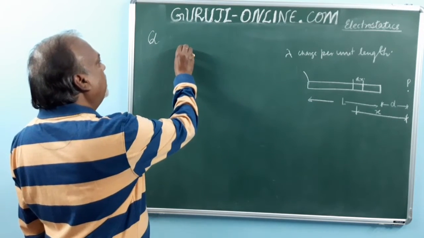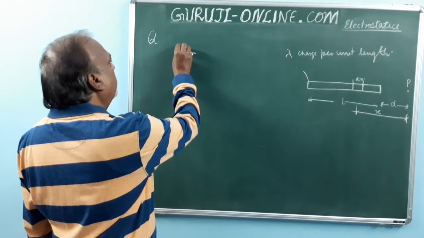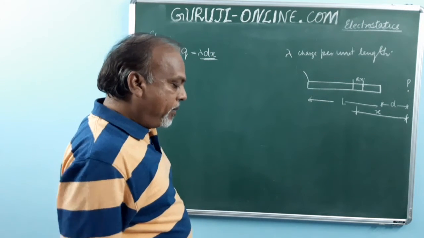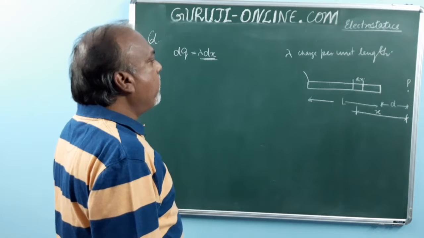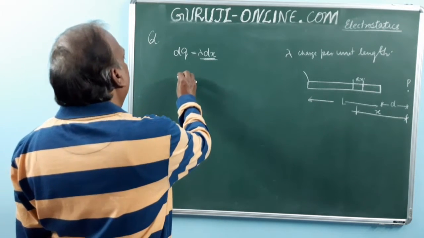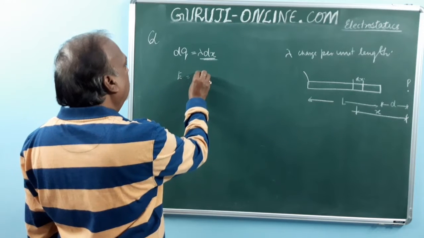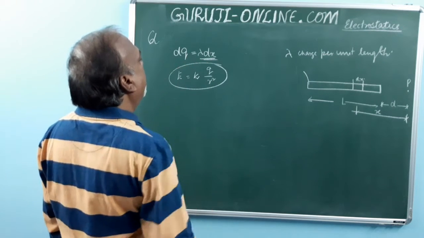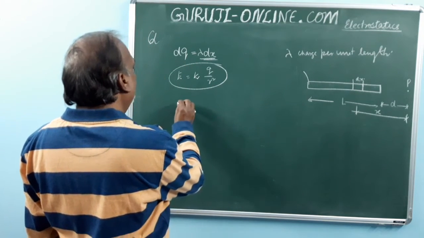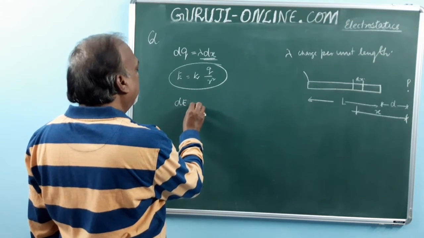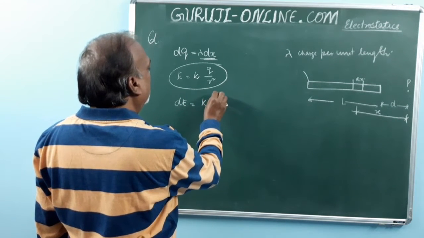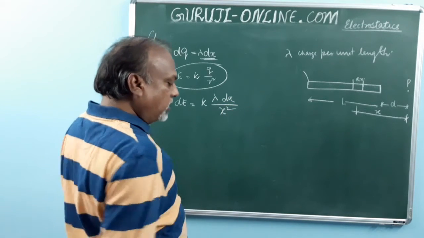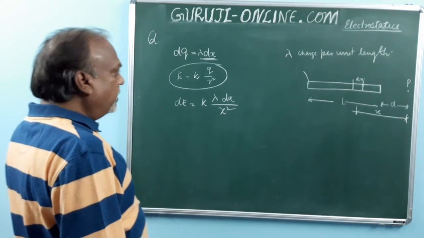So our charge will be basically dq equals lambda dx. This will be our charge. We already know that E is equal to kq upon r square is the electric field formula. So in this case it will become dE is k lambda dx upon x square. Correct?